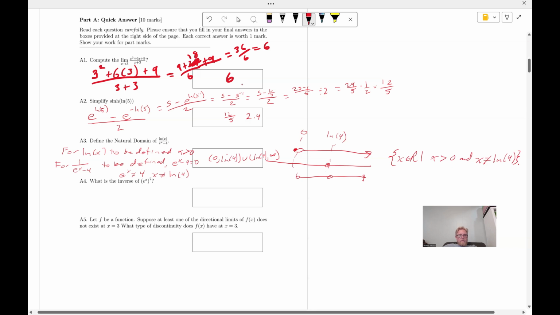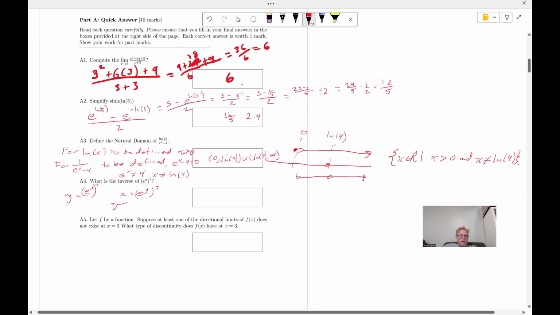Now we have the inverse of e to the x to the 7. If I have y equals e to the x to the 7, if I substitute, I get x equals e to the y to the 7, and I isolate for y.